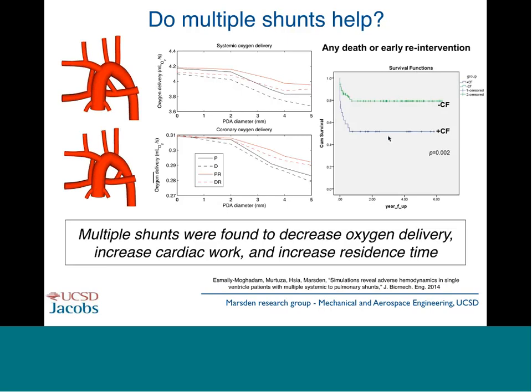And so this was a case where the simulations really helped to provide a mechanistic explanation for why multiple shunts might be causing this difference in clinical outcomes. So this was good news in the sense that we were able to provide an explanation, but bad news in the sense that multiple shunts did not seem to be an avenue towards improving outcomes for these patients.